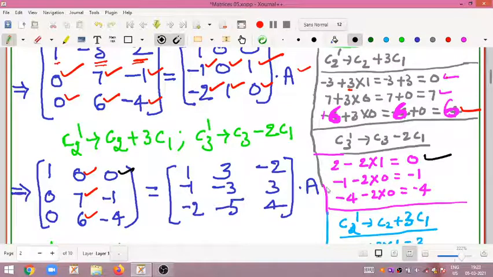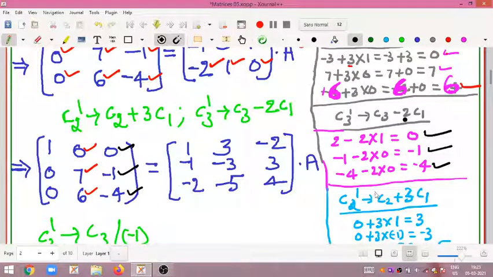Again, C3 element is minus 1 and minus 2 into C1 element is 0. So that is minus 1 minus 0, becomes minus 1. I kept here. Again, C3 element is minus 4, minus 2 into 0, minus 4. That minus 4 I wrote here. This is the third column operation. Same operation we want to apply here.